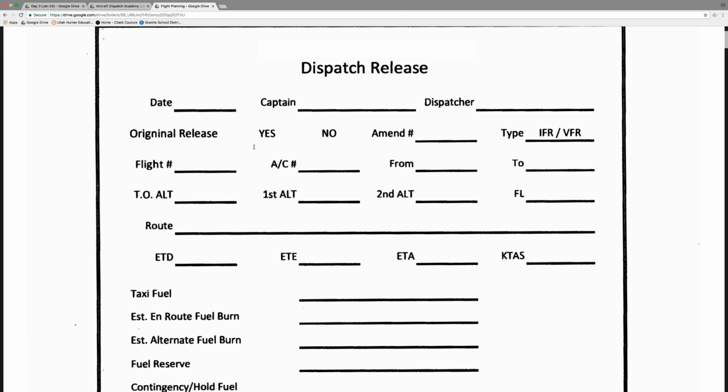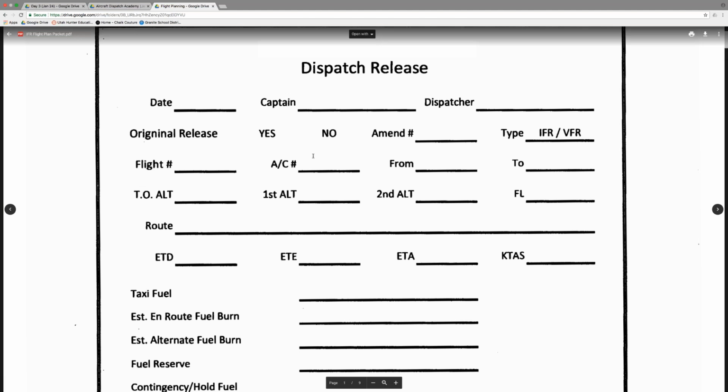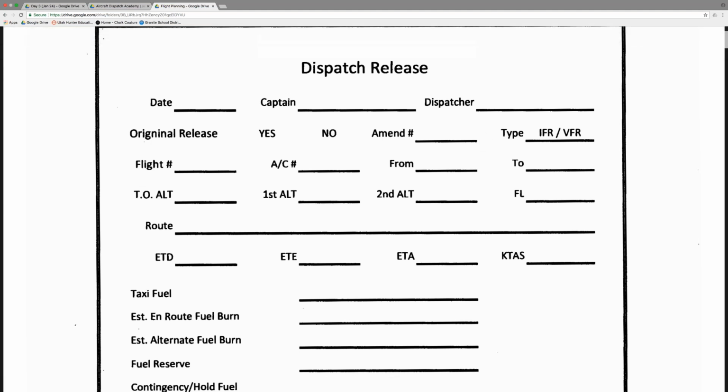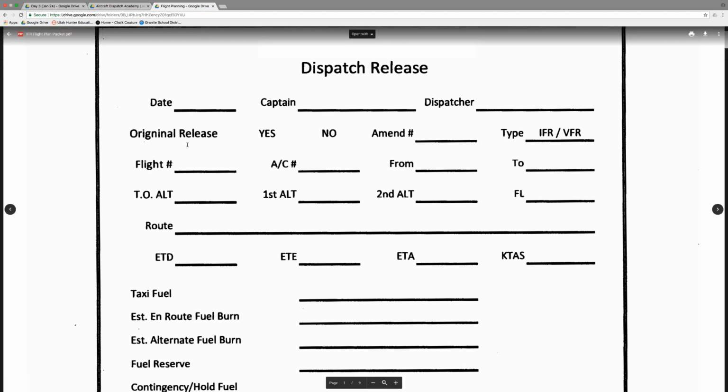What we would have to do is amend the release. We don't want to have to completely redo it, right? All we're going to do is amend the release and basically make sure that we plan for the fuel. We're going to add the alternate airport, and we're going to run our numbers again and make sure that we're in the weight and balance of the aircraft, okay? So that's what an amendment would do.